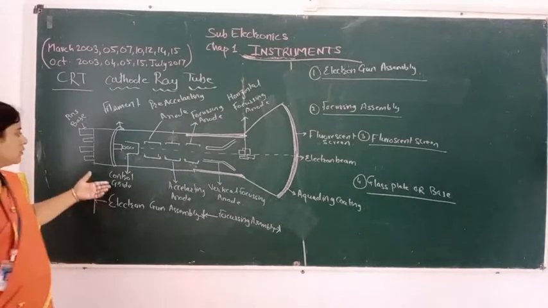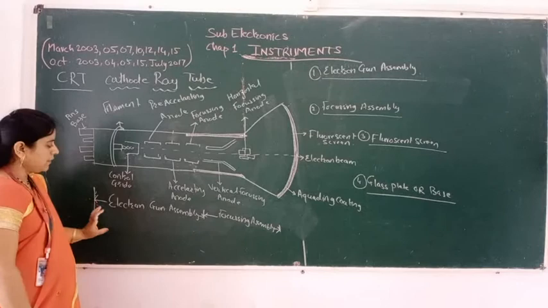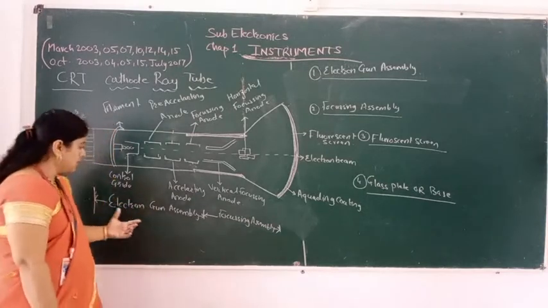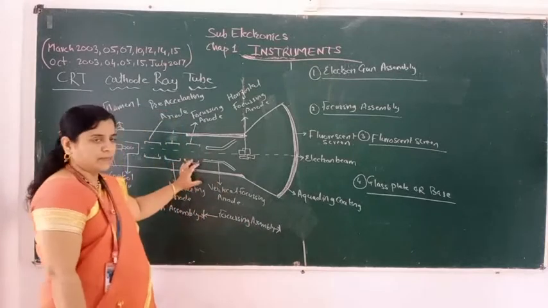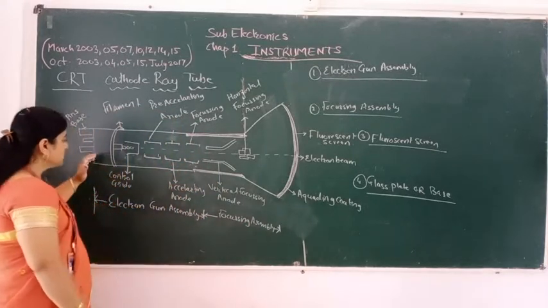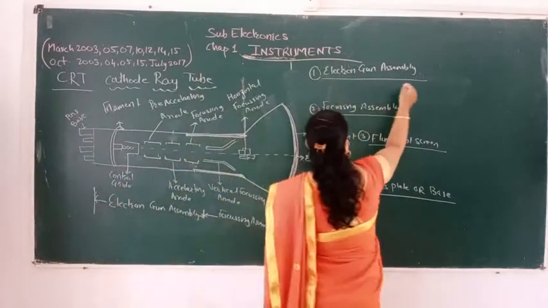So what is this? See here. This has two main parts, that is the electron gun assembly and the focusing assembly. See, in the electron gun assembly, which parts are there?